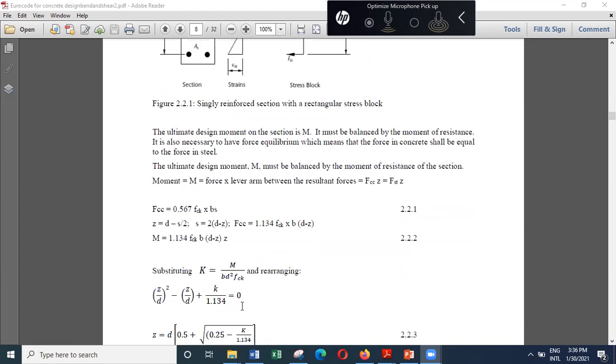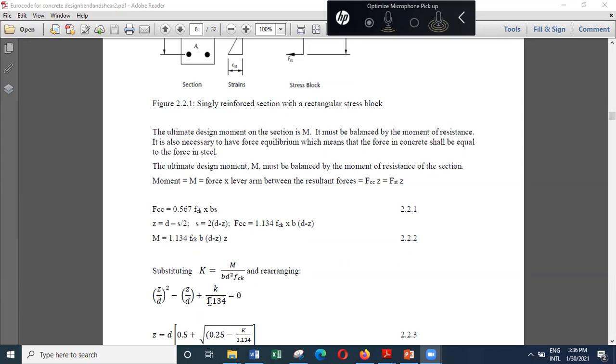You can see this is a second order equation because we have D minus Z multiplied by Z. If you divide this by 1.134 FCK BD squared, take Z this way and divide it by D, then you will get Z over D squared minus Z over D plus K is M over FCK BD squared.